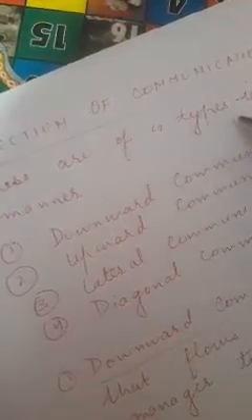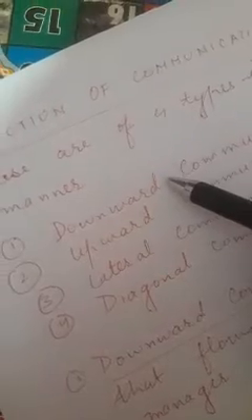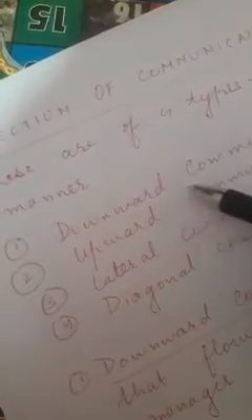When it comes to formal or work related communication, you can see four types in terms of how information flows from one person to the other. The four types are, as you can see in this material, downward communication, upward communication, lateral communication, and diagonal communication.